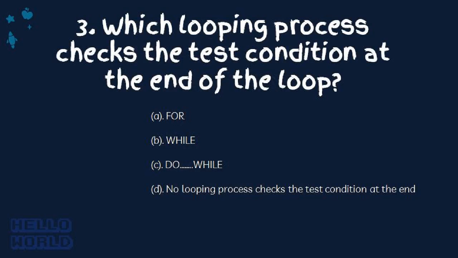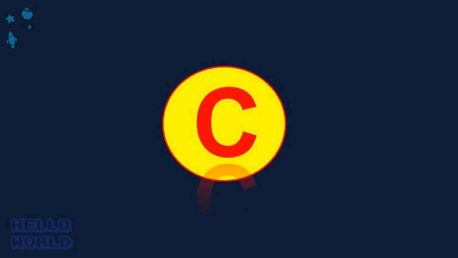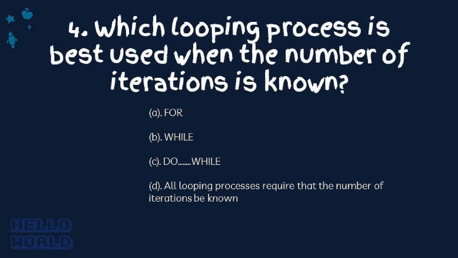Question 3. Which looping process checks the test condition at the end of the loop? Option A, for. Option B, while. Option C, do while. Option D, no looping process checks the test condition at the end. The answer is option C, do while loop. Question number 4.